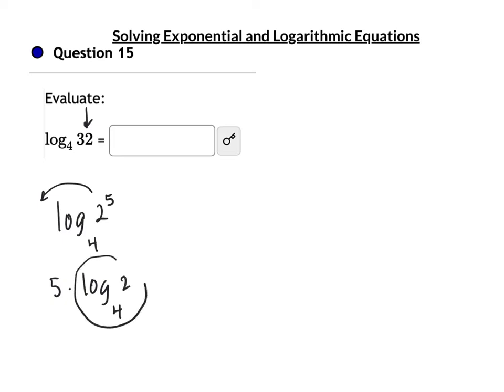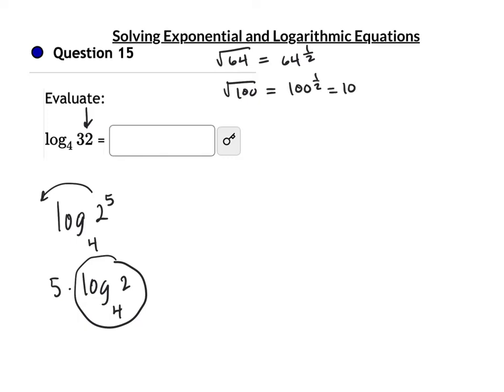Now when I look at this, this means 4 to some power is 2. Remember how the square root of 64 was the same thing as 64 to the 1/2? And the square root of 100 is the same thing as 100 to the 1/2.